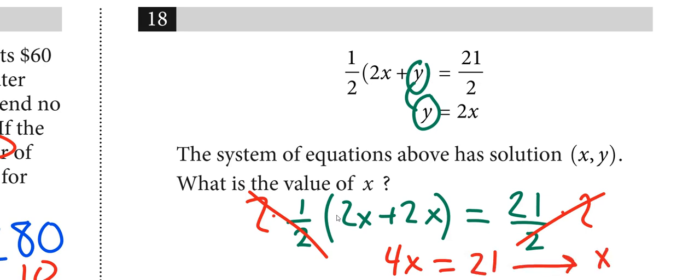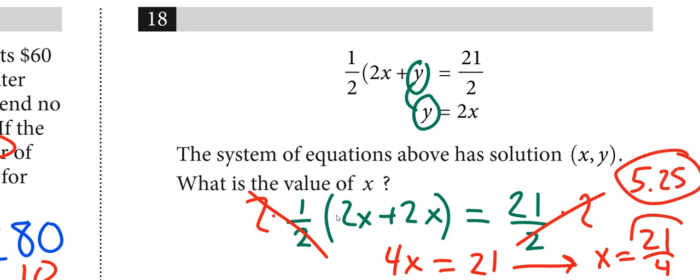X equals 21 over 4. I believe you can leave it like that. If you're a decimal fan, 5 1/4 is the decimal version of that.